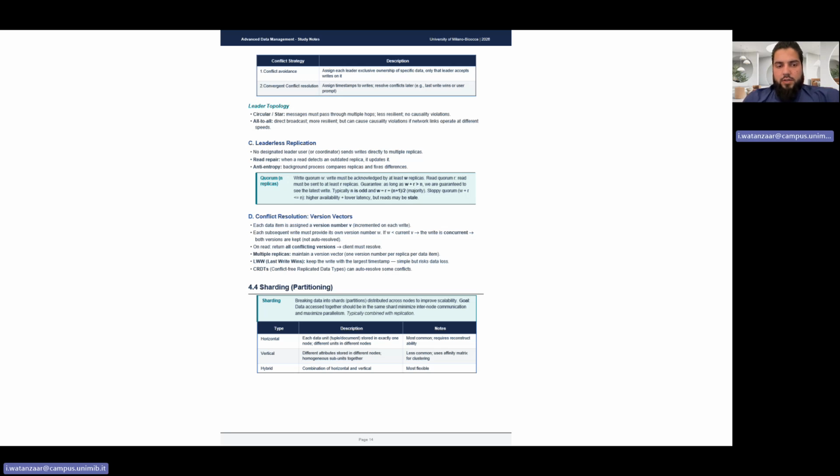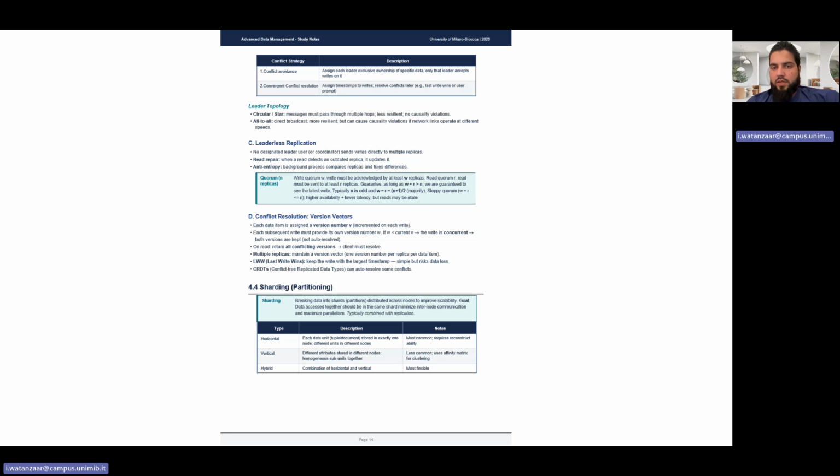Important concepts we need to understand here, like we have seen in three different applications, is conflict resolution. We discussed version vectors, and how version vectors help to address conflict resolution. With a version number, each data item is assigned a version number V, incremented by one on each write. So when we are writing, it is incremented by one.